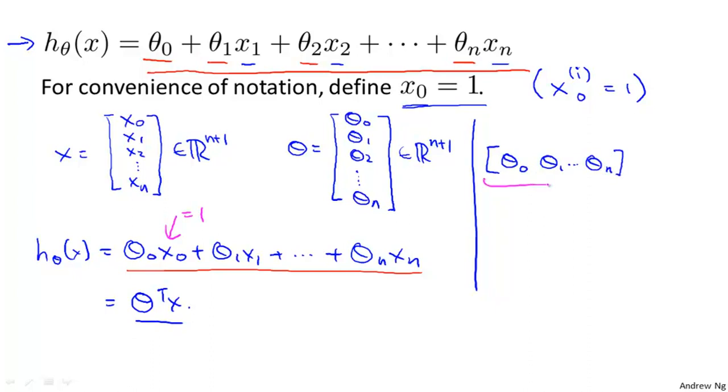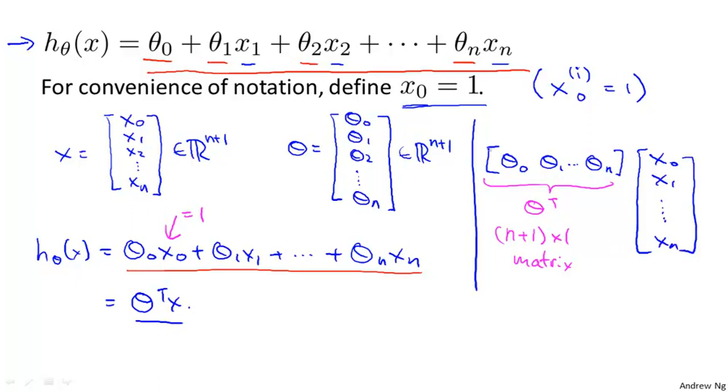So this thing here is theta transpose, and this is actually an n plus 1 by 1 matrix. It's also called a row vector. And we take that and multiply it with the vector x, which is x0, x1, and so on down to xn. And so the inner product that is theta transpose x is just equal to this.